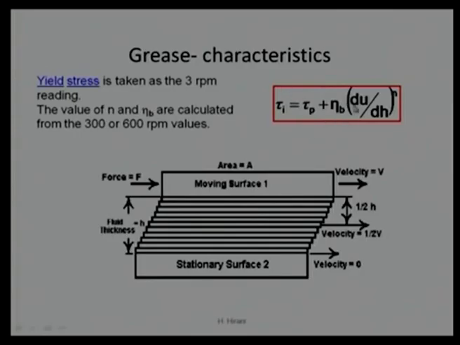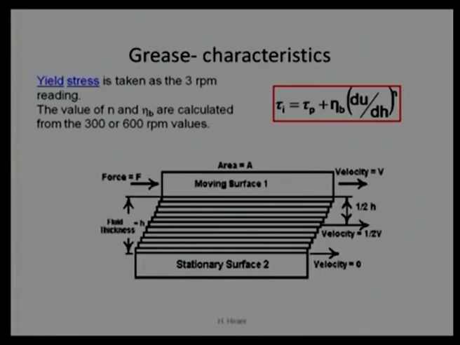To find the 2 remaining constants, eta b and n, we can operate at 300 rpm or 600 rpm, take one reading at 300 rpm or the other at 600 rpm, and find what the resistance, the shear, and the yield stress are.